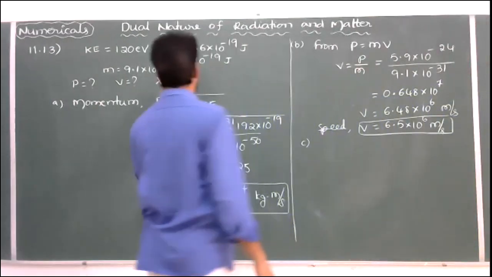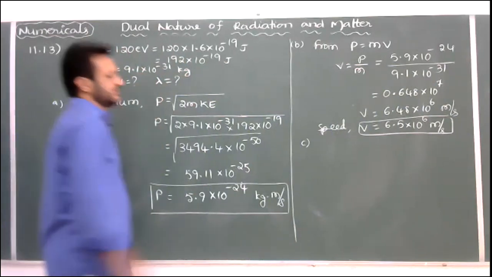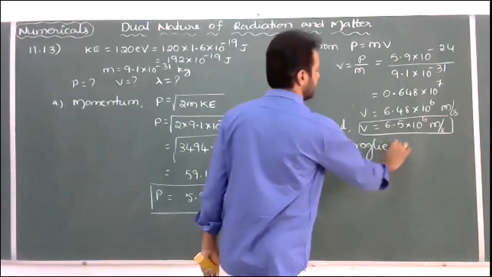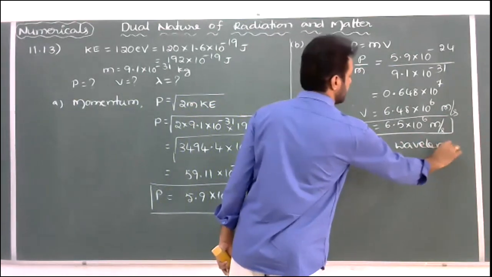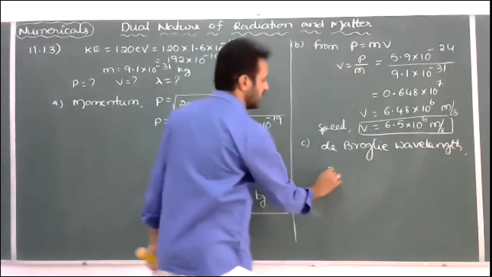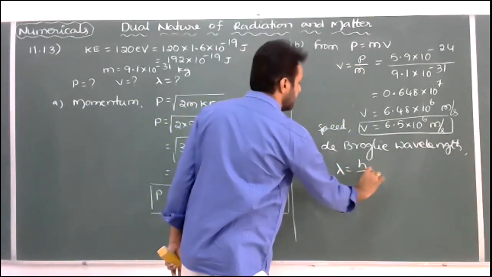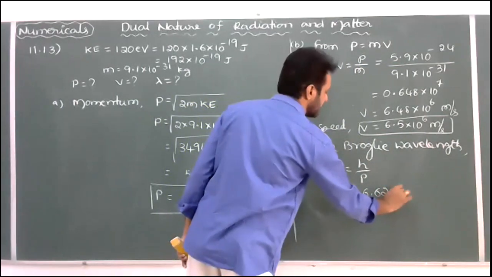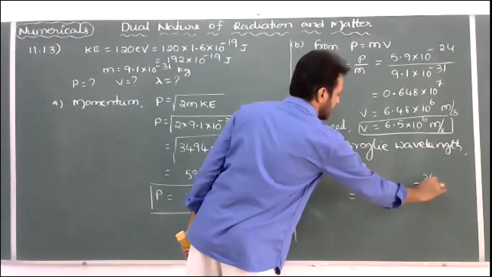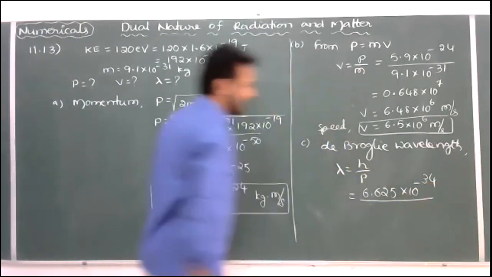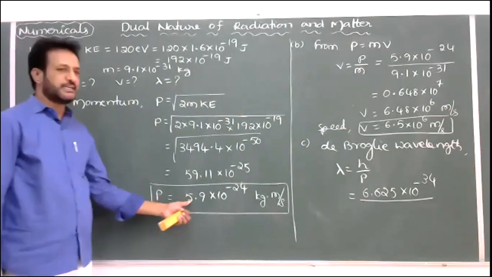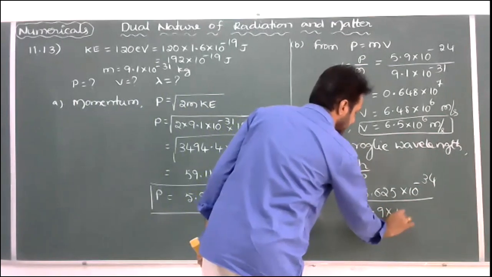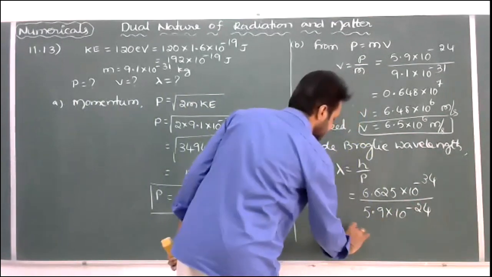Third one they asked, what is the de Broglie wavelength of the electron? We know the formula lambda is equal to h by p. The h value is 6.625 or 6.62 into 10 power minus 34, divided by the momentum, which we already know, 5.9 into 10 to the power of minus 24.